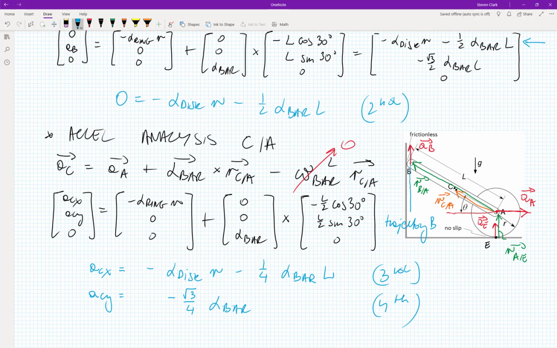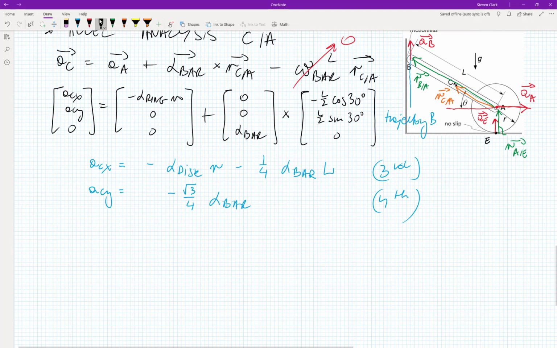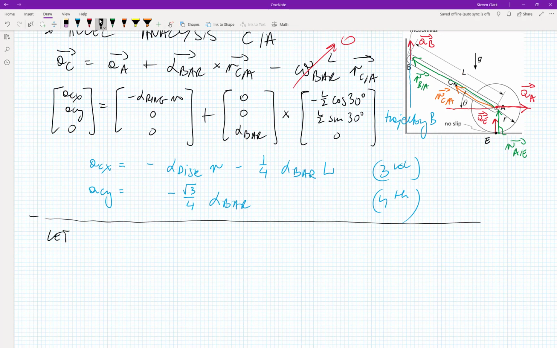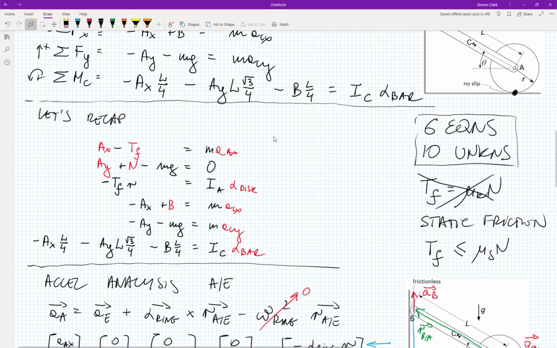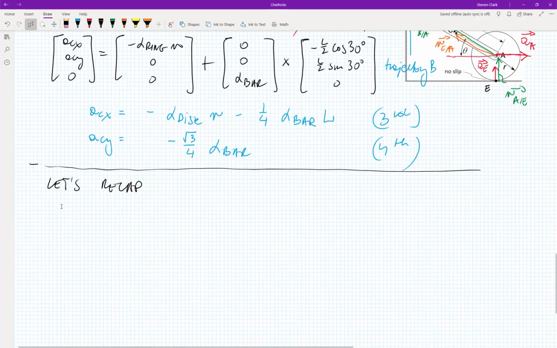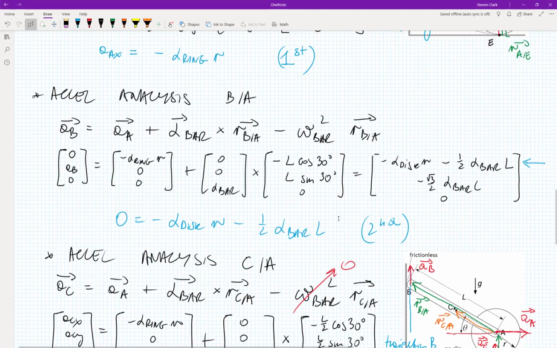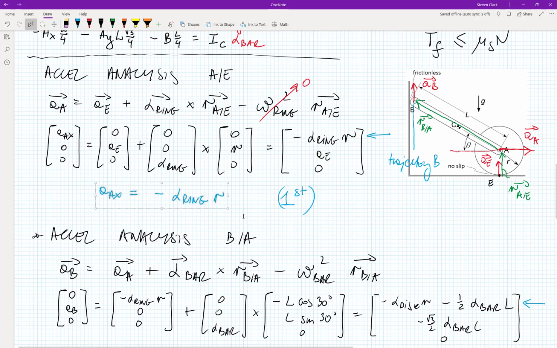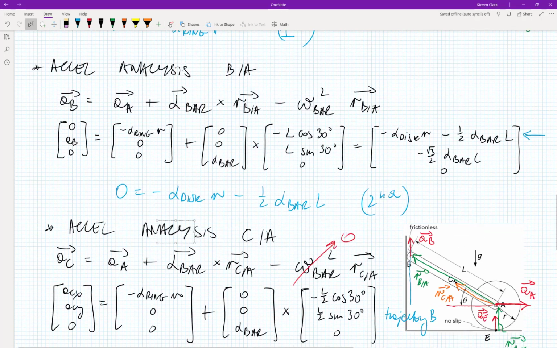So let me recap for the final time. I'm going to copy these 6 equations, and I'm going to complete them with these 4 blue equations, okay? And this will be the end of our discussion.